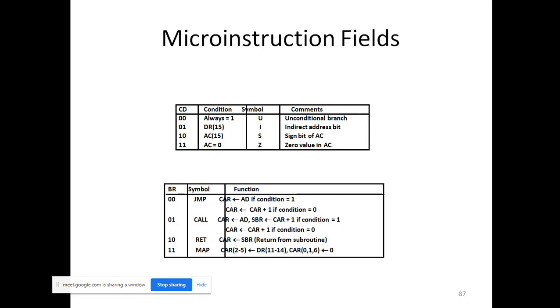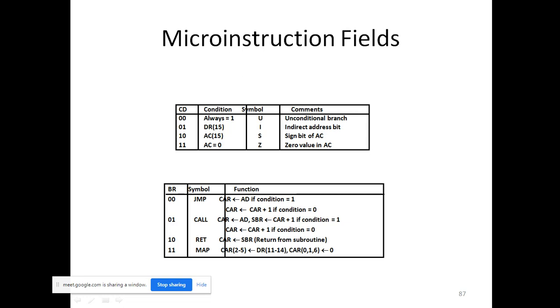To know the condition of those status bits, the first one here is I. I is the indirect address. If you get any indirect addressing, that is the indication for 0 1. If it is 1 0, it is for the sign bit indication: if the accumulator has a negative result, at that time this status bit is activated.